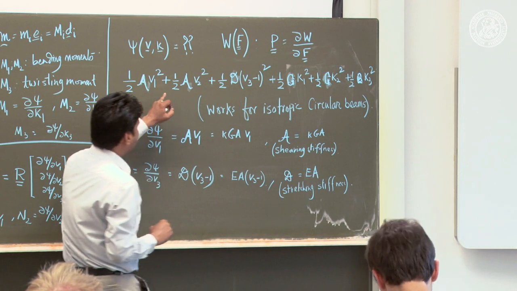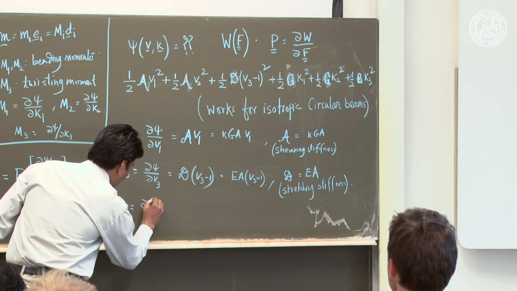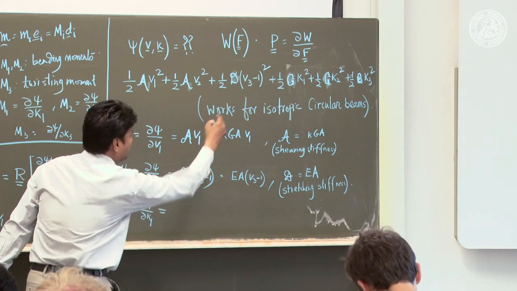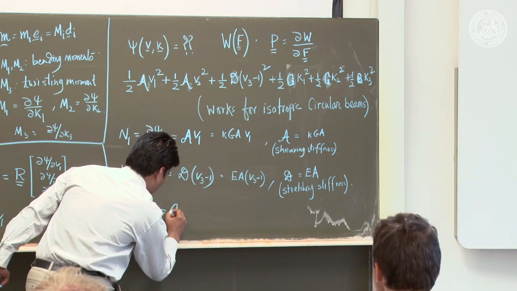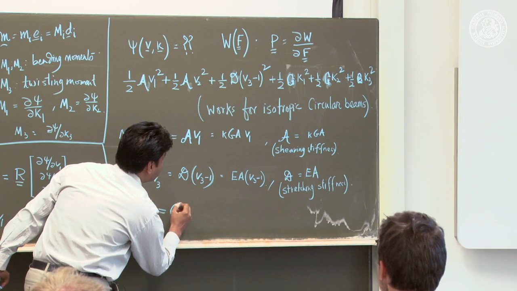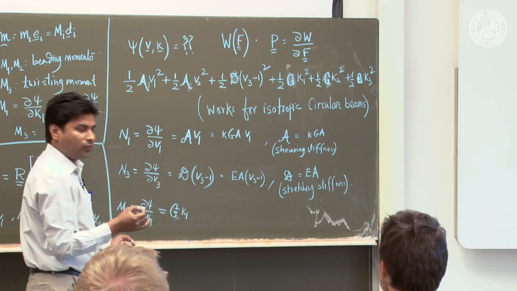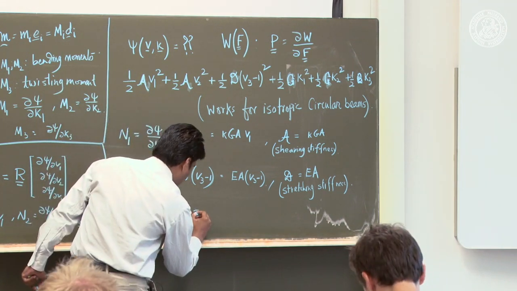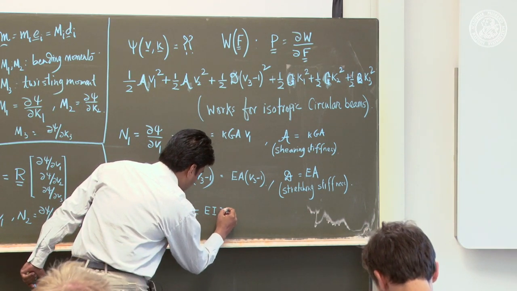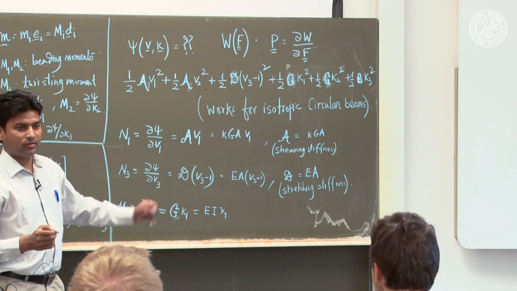Similarly, when you find out your bending moment M1, which is del psi over del K1, that will turn out to be your scripted C times K1. And we know that this is also the same as EI times K1. So C is equal to EI.